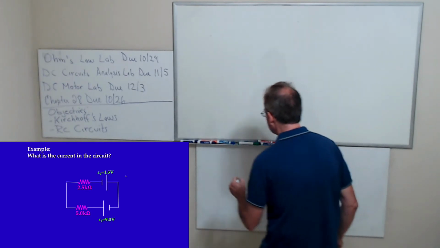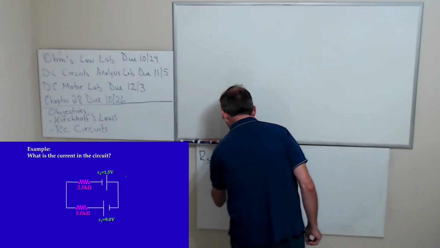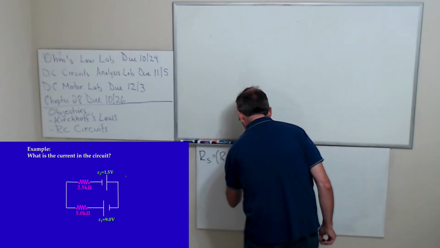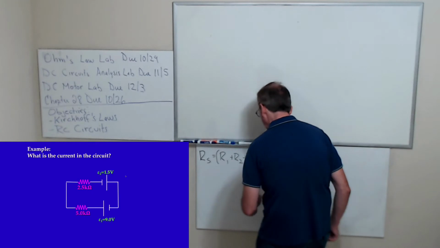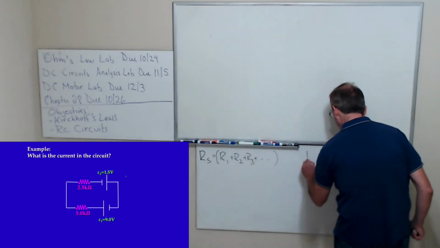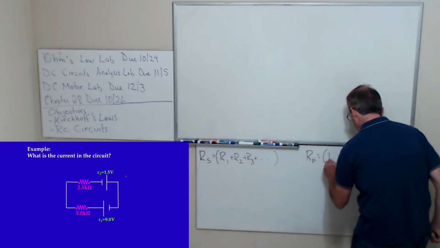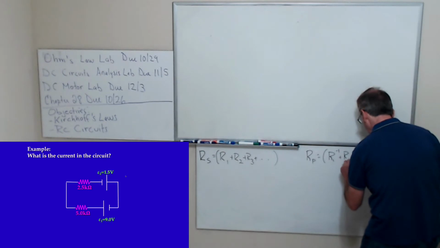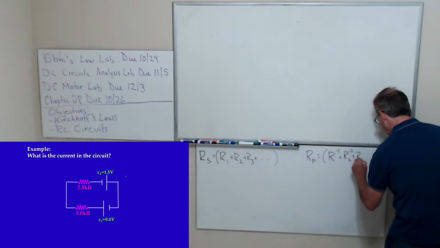If you have resistors in series, they add. If you have resistors in parallel, they add as reciprocal. So I'm going to write it in a compact form, so it takes up less space on my board.